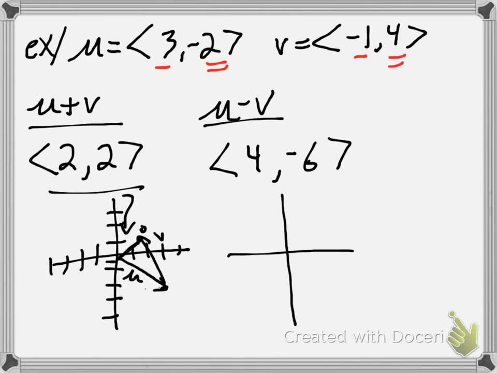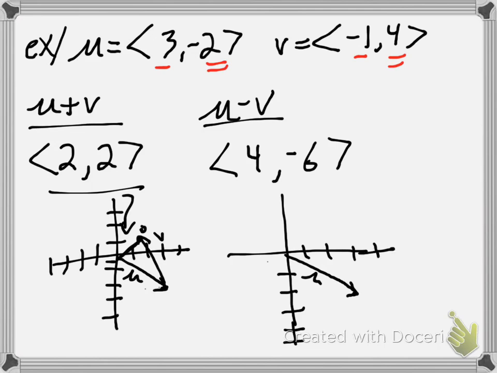If we're looking at the subtraction of the two, our u value is still going to be in the same location. We're going to go over 3 and down 2, which puts us right there. So there's our u value. In order to subtract v, we have to subtract negative 1, which means we go to the right one.